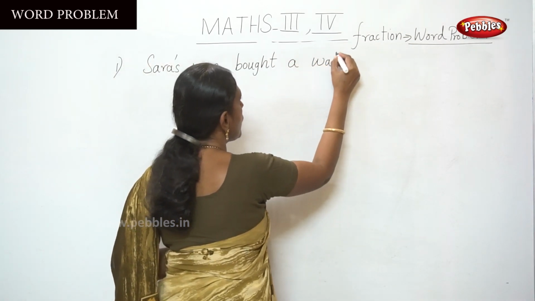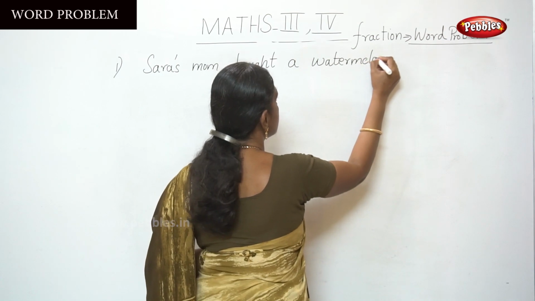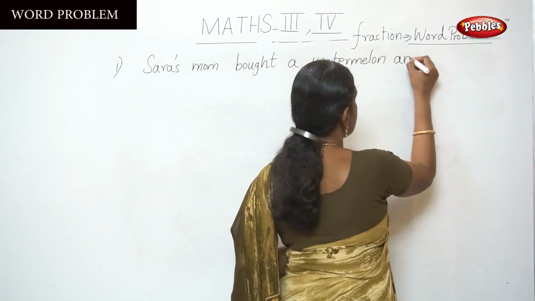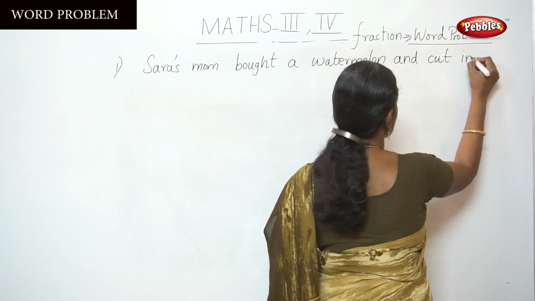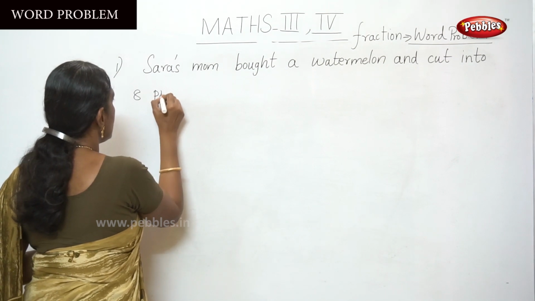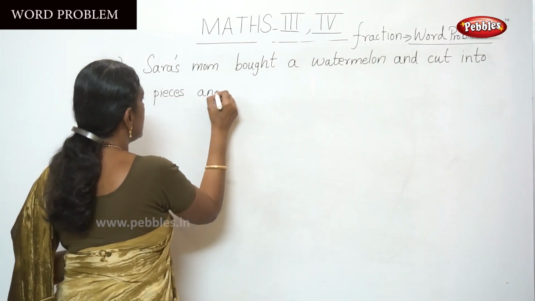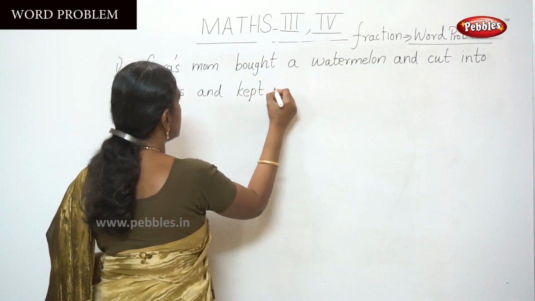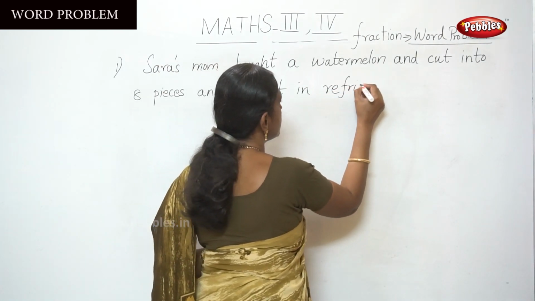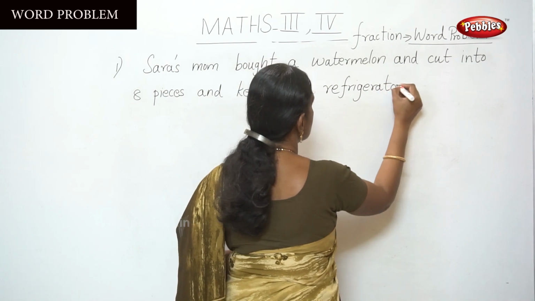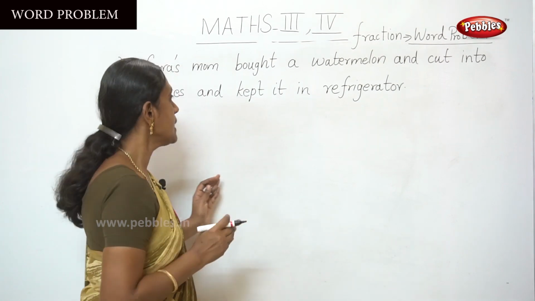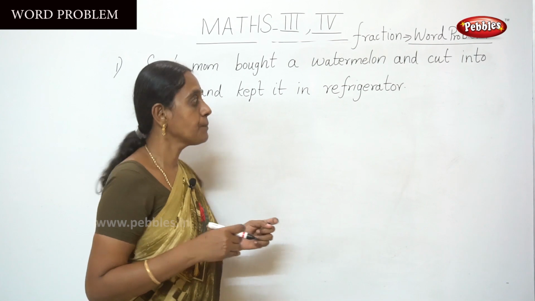Sarah's mom bought a watermelon and cut it into 8 pieces, and kept it in the refrigerator.